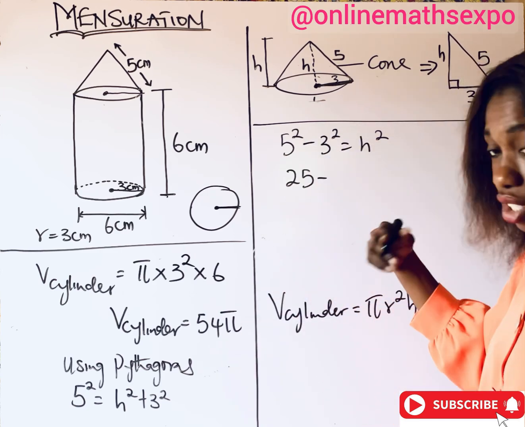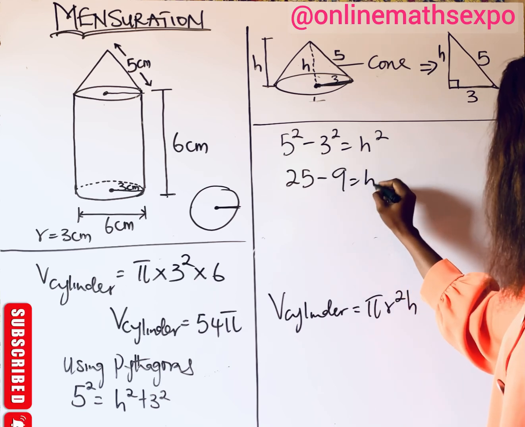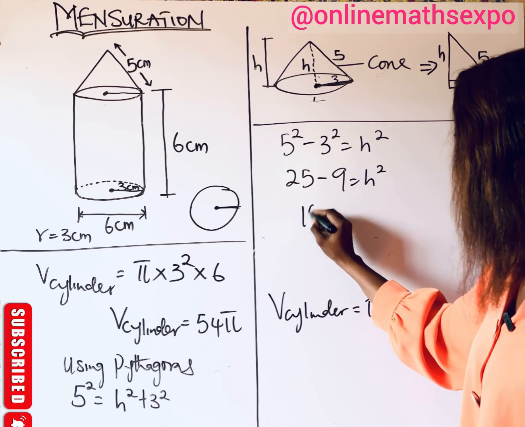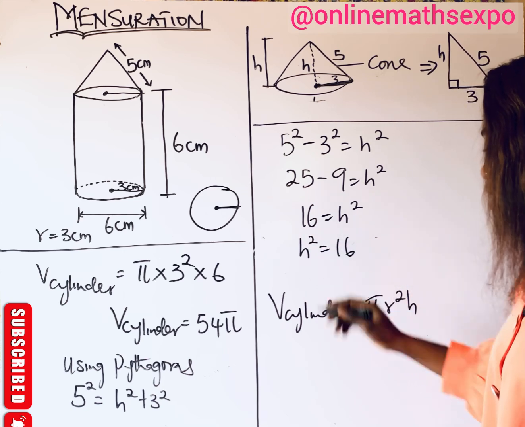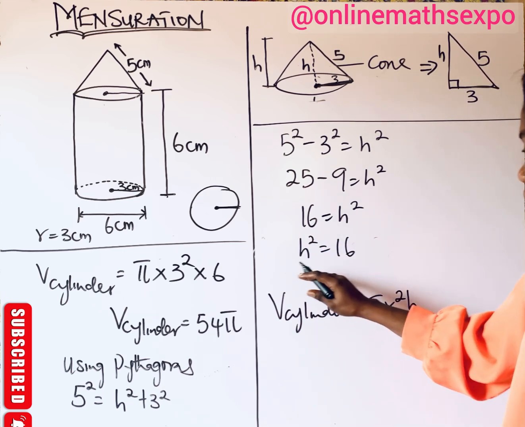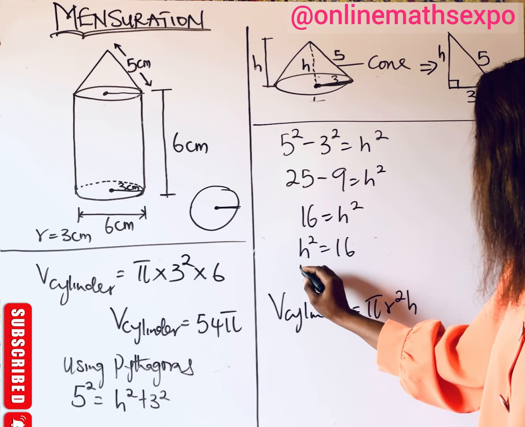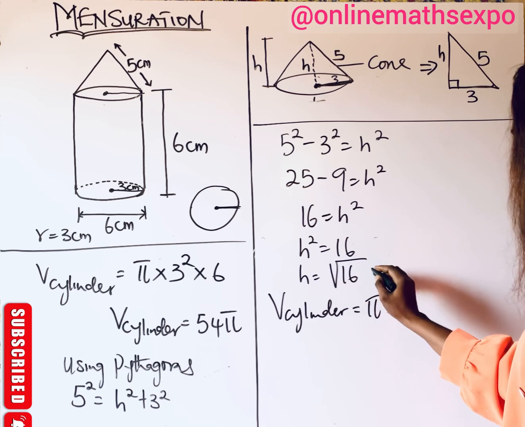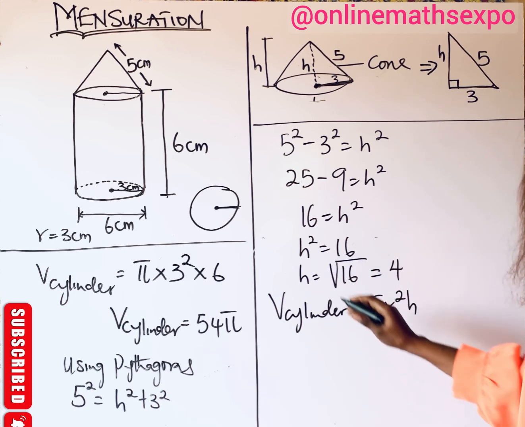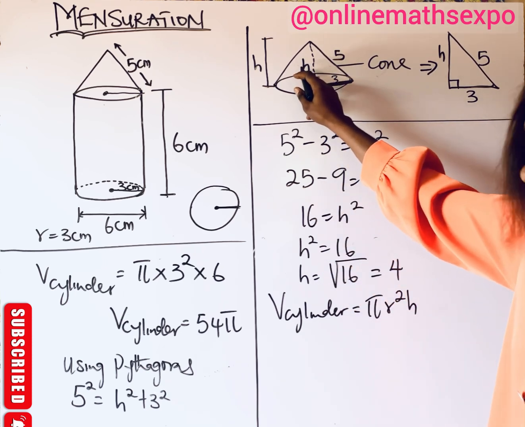And 3 squared is 3 times 3, which is 9. Okay, subtract this, you have 16. Then it means that h squared is equal to 16. So what do you do now? We are now going to say that our h is going to be the square root of 16. And what is the square root of 16? 4.